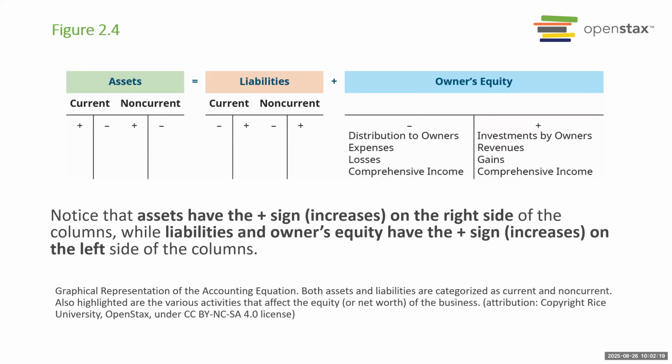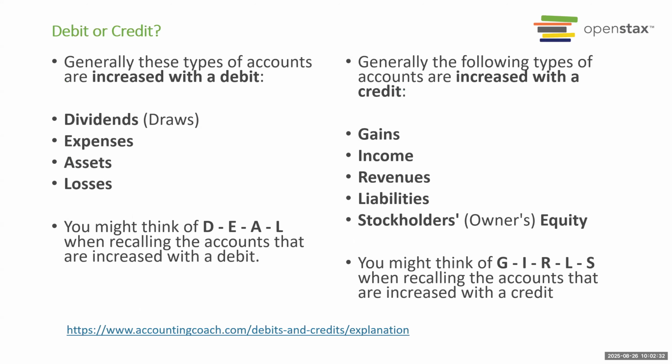Fundamentally, this is good to understand: what increases assets, what increases liabilities, and what increases owner's equity, as well as, conversely, what decreases all three. Okay, now we get to learn an acronym so that you realize what decreases it and what increases it.